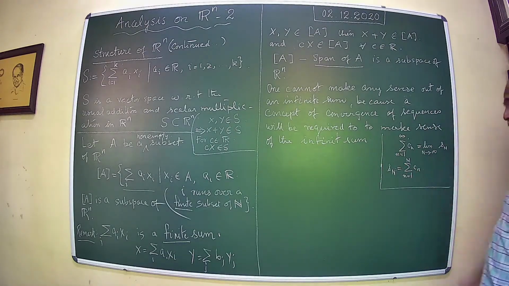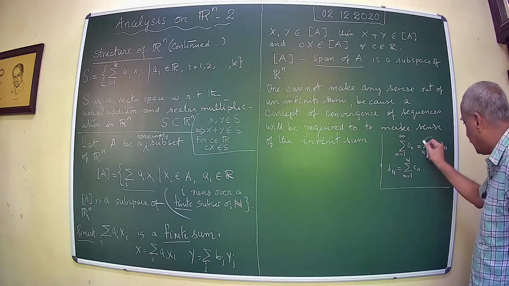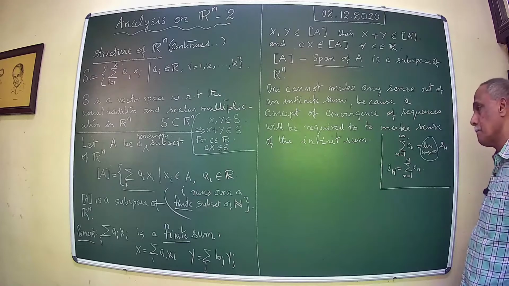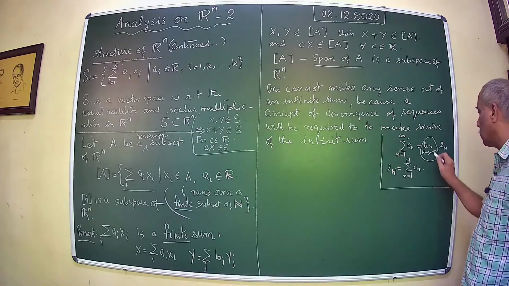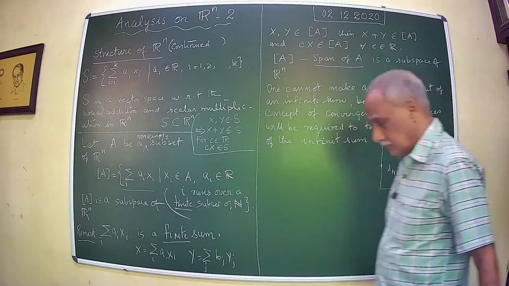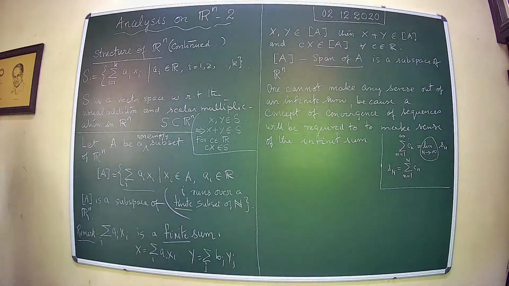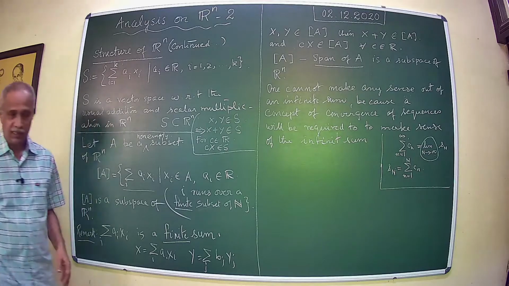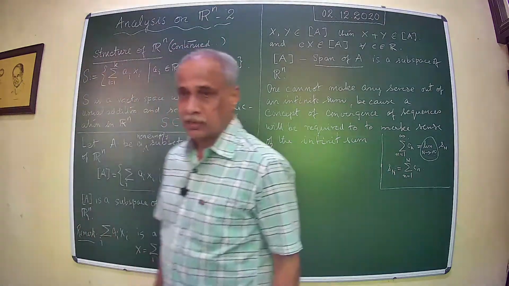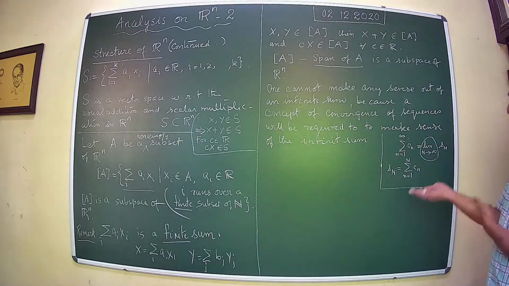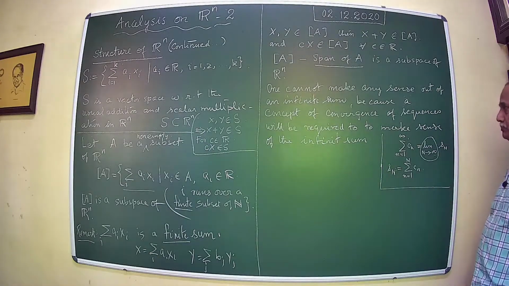It's a limit of this. So this is the one that is crucial in giving a meaning to it. And this requires a concept of distance on the space. On R we have the usual distance, and in the context of the usual distance one can talk about the infinite sum.